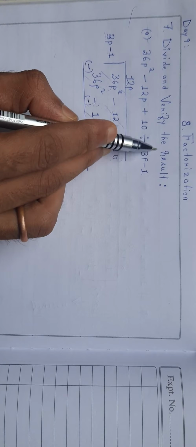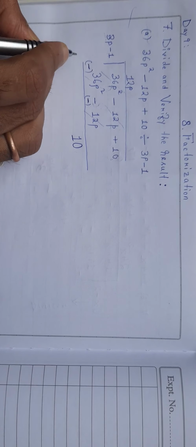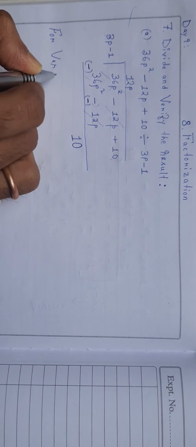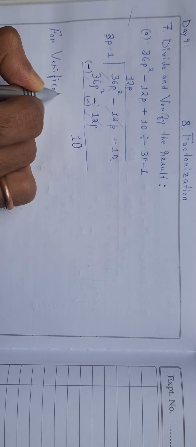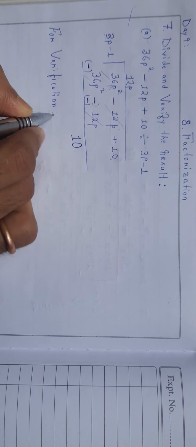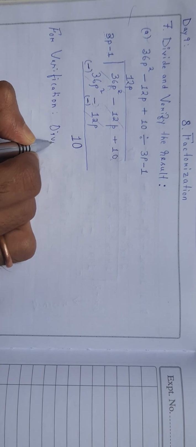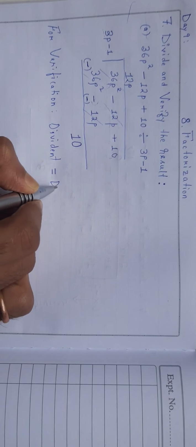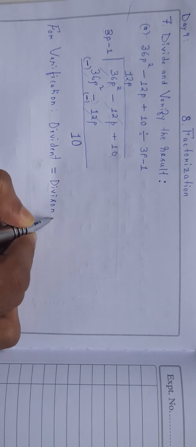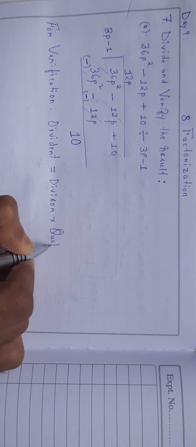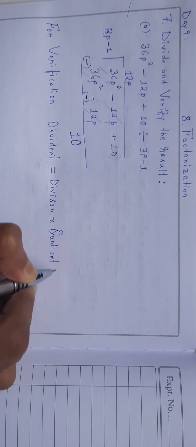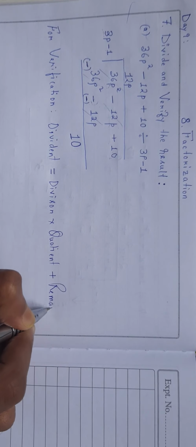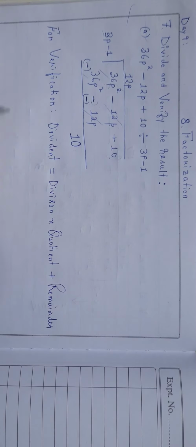Next I have to verify this result. Now for verification, we have one formula, which is dividend equal to divisor into quotient plus remainder. This is the formula.